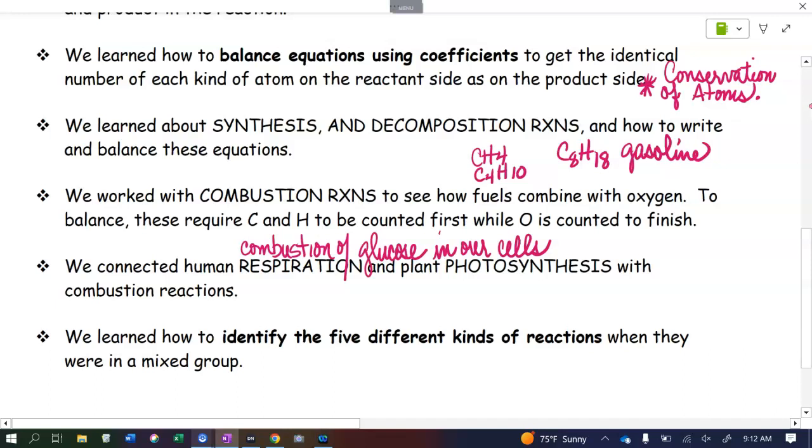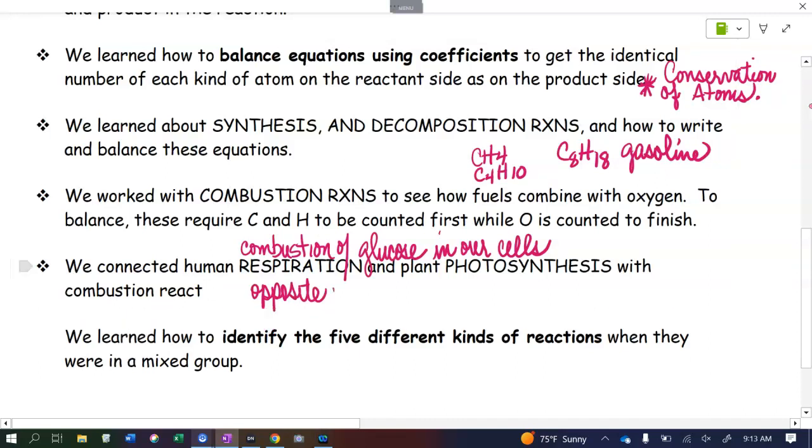No, the body manages to do this through intricate means so that we keep our temperature at 98.6 while combustion is going on in all of our cells. This has to be controlled by the body's system of homeostasis to keep our temperature at a constant level.